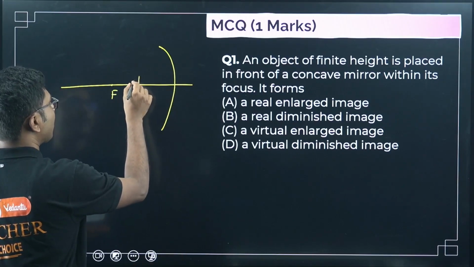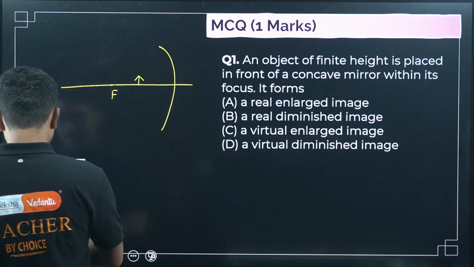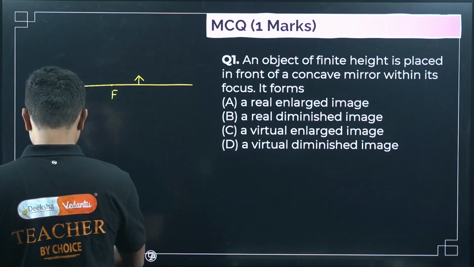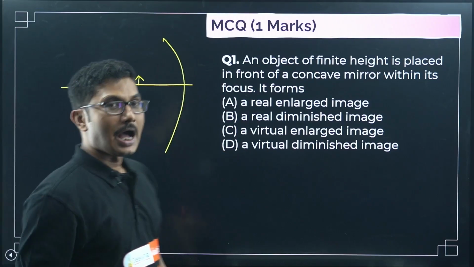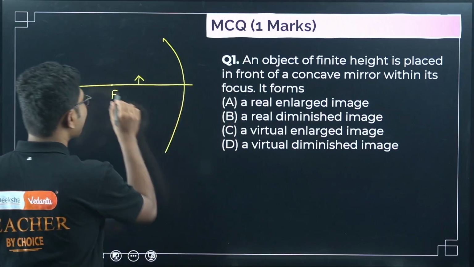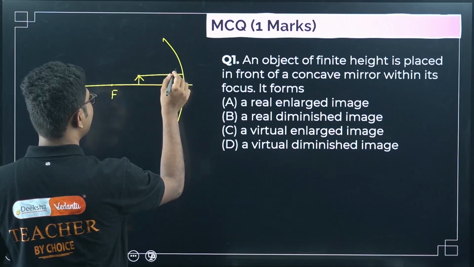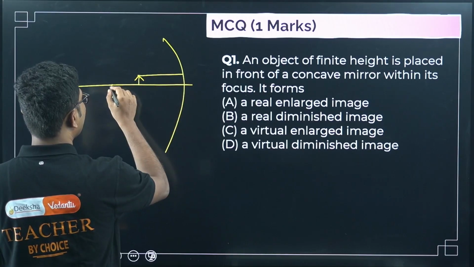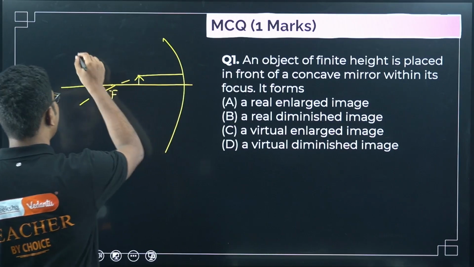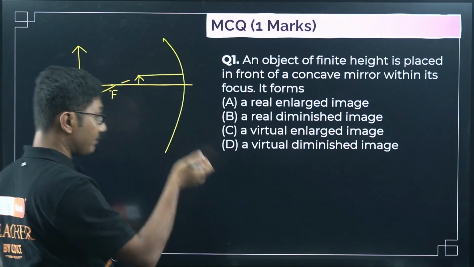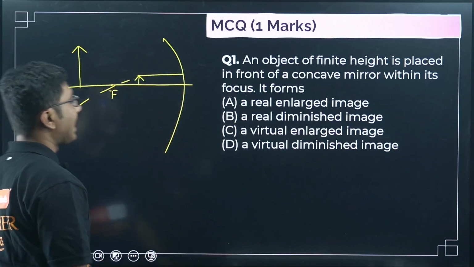If you place an object within the focal length, then we know that it is from your class 10th chapter. If you have studied this in your class 10th, then you should remember. If you have not studied, then I am here to remind you that when the object is at less than the focal length, it forms a virtual image, an enlarged virtual image.